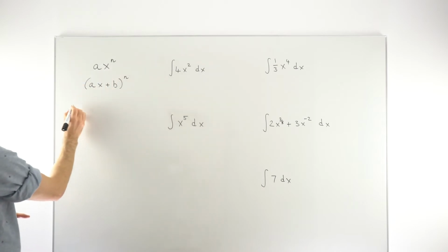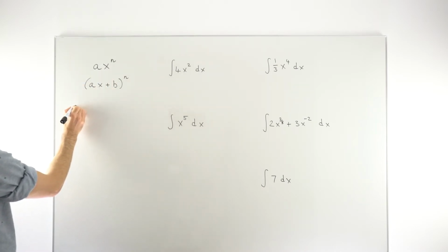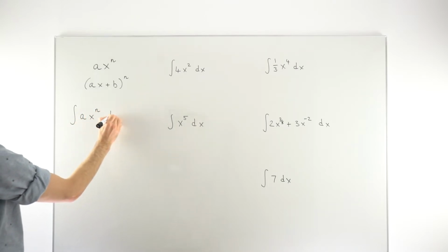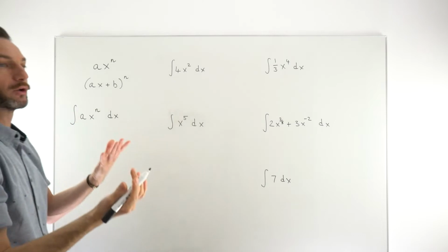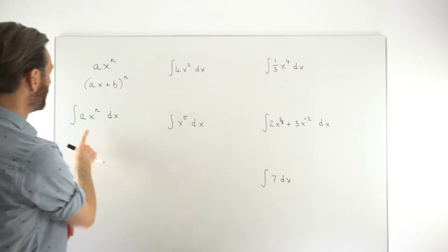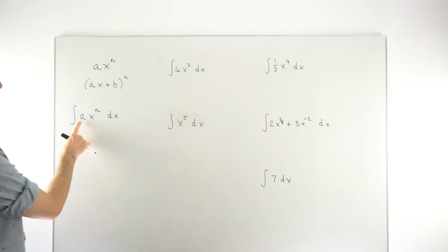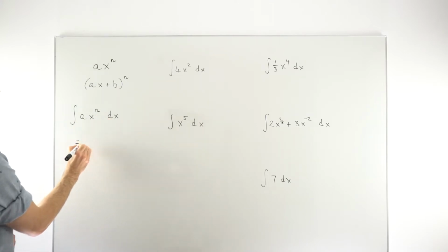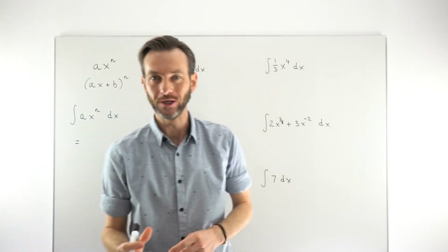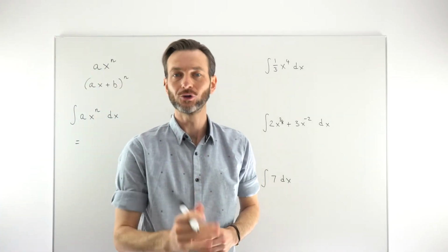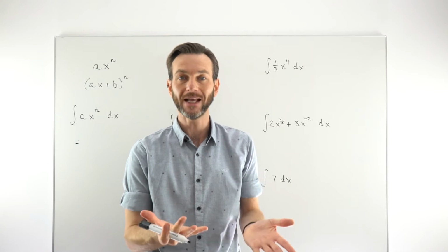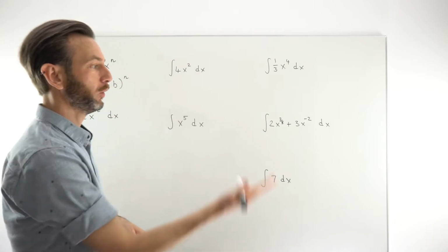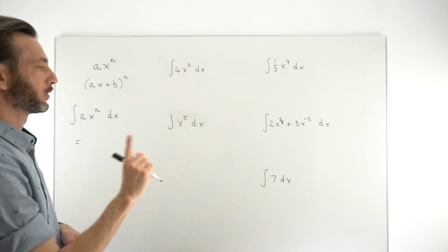So taking the power rule format, that is going to be the integral of ax to the power of n dx. So again, just going back to our notation from the previous class, this says take the integral of the function ax to the n with respect to x. So how does the power rule work? Well, because integration is literally the opposite, the inverse operation of differentiation, that should be reflected in the rule. And if you think back to the power rule for differentiation, it says multiply by the power and then reduce the power by 1.